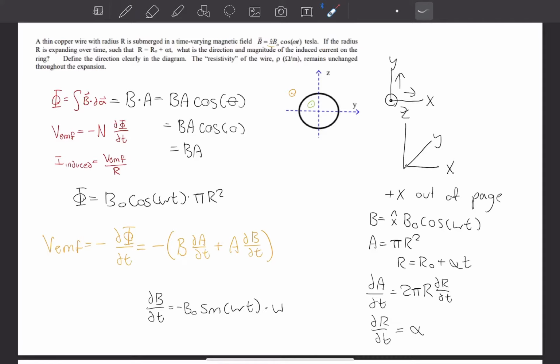And if the area is increasing, that means that the flux through our loop is also increasing. So what does Lenz's law say about it? Lenz's law says we don't like that change. We will produce a potential to fight that change. Now, where does the change in B field want to induce the current to?